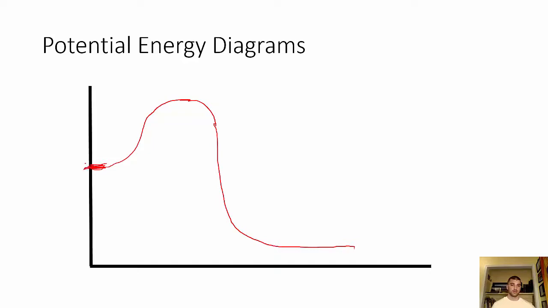So where we started, we call that the heat of reactants, because that's how much heat our reactants start with, and we abbreviate it HR, heat of reactants. Where we end up, if you had to take a wild guess, we call that the heat of products.